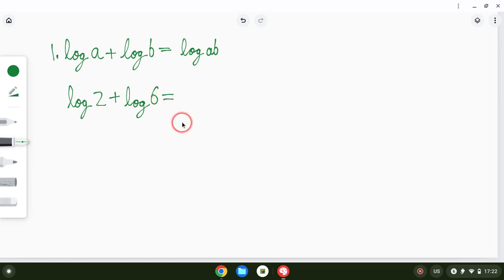What will this become? You don't really need a calculator to figure this out. You just need to understand what the value of this one will be.